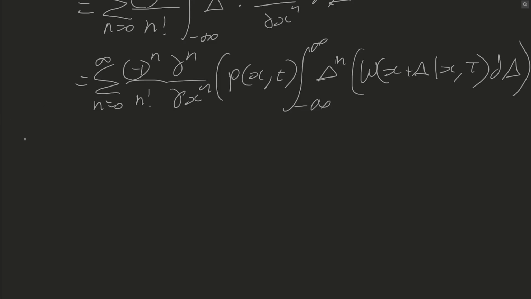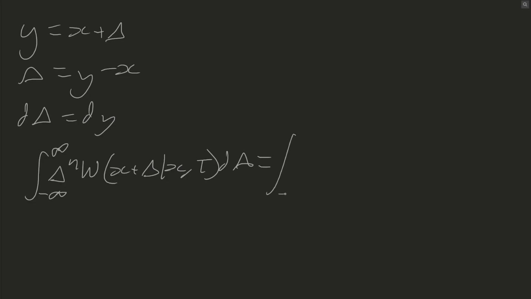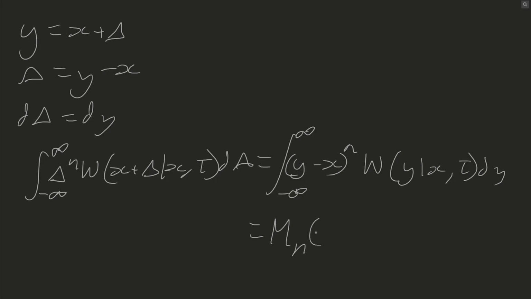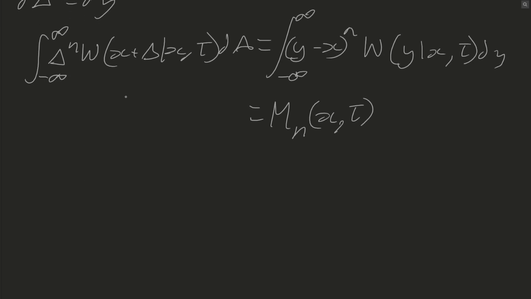So if we let y equal x plus delta, that's our final position, then delta equals y minus x, d delta equals dy, and then the integral inside the sum, which is the integral from minus infinity to infinity of delta to the n w of x plus delta given x, tau, d delta, is equal to the integral from minus infinity to infinity of y minus x to the n w of y given x, comma tau, dy, is equal to, we can just call this, m sub n of x, tau, which is the expected value of the jump, which is useful.